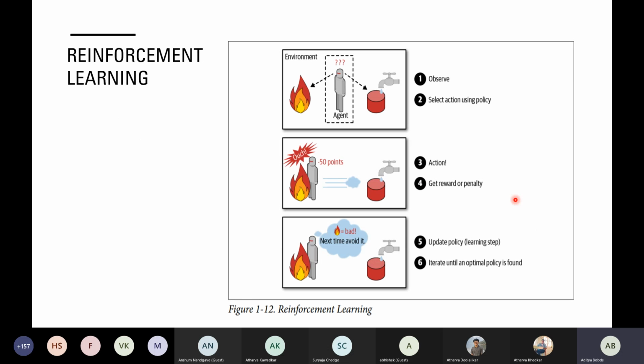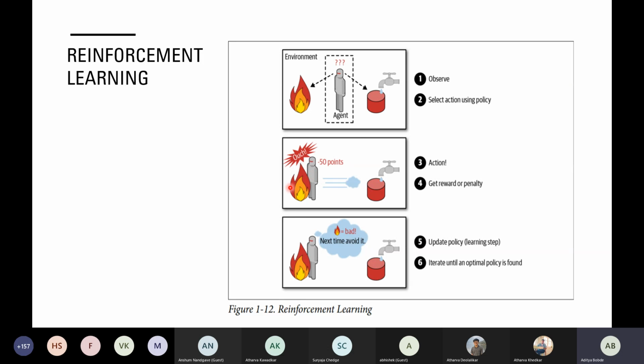Now let's see an example. Suppose this is a robot, namely the agent. What does the agent do? At one end there is water flowing from a tap, and at the other there is fire. The first thing he will do is observe, and the second step is to select an action using his policy rules. He will approach randomly.